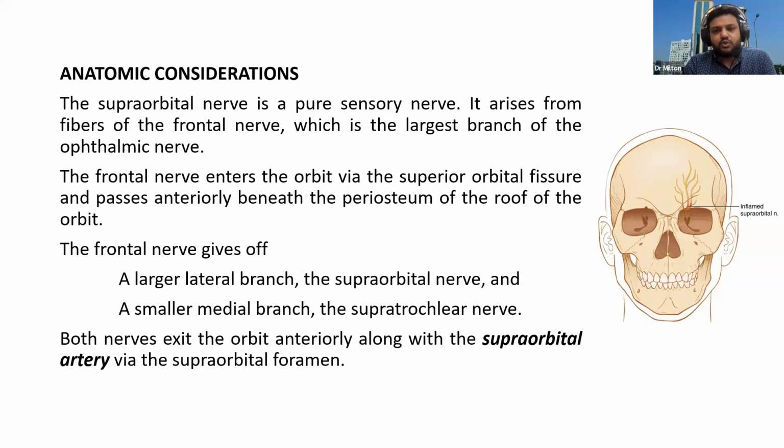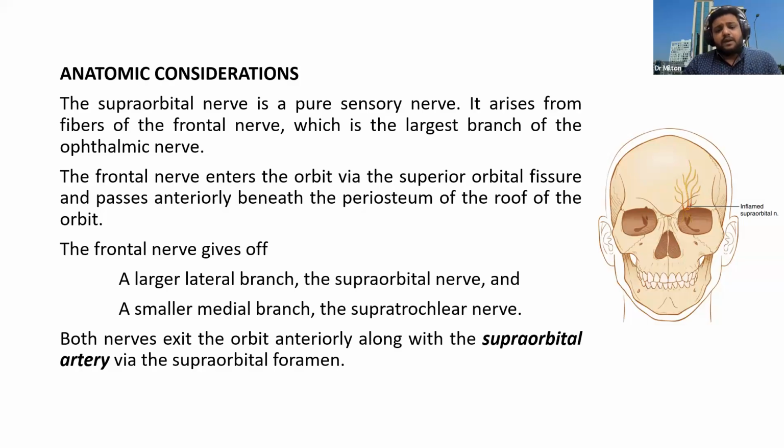Many times we cannot do a V1 injection like alcohol neurolysis or phenol. If a sensory block is needed for the frontal region, where the supraorbital nerve gives the sensory supply, you can give it very easily, and it is very superficial.